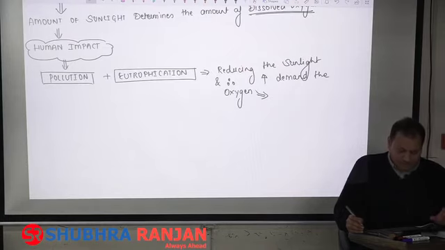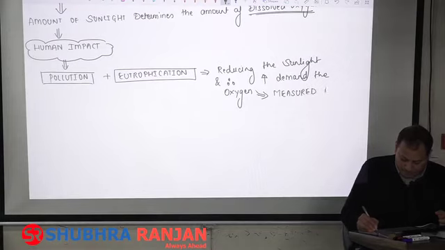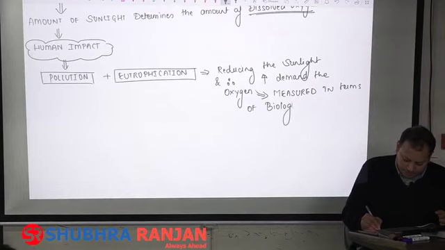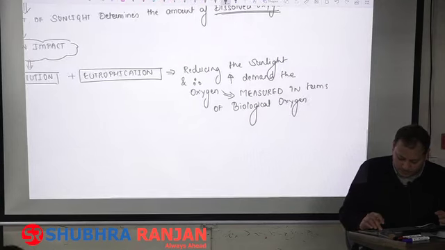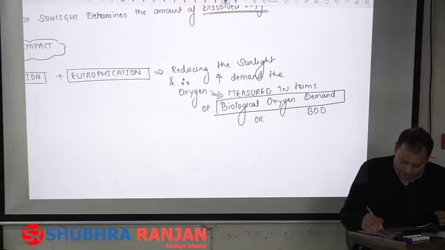So reduction in sunlight, or pollution and eutrophication, increases the demand of oxygen, which is measured in terms of BOD, biological oxygen demand, or COD, chemical oxygen demand.